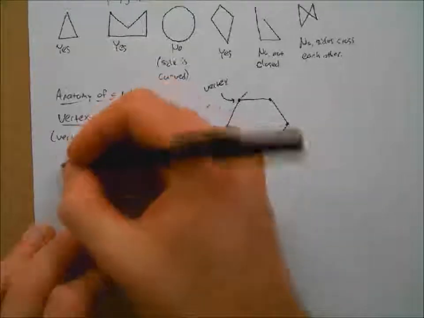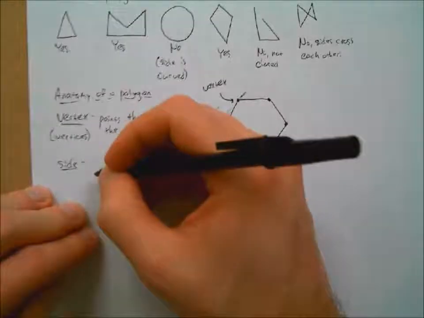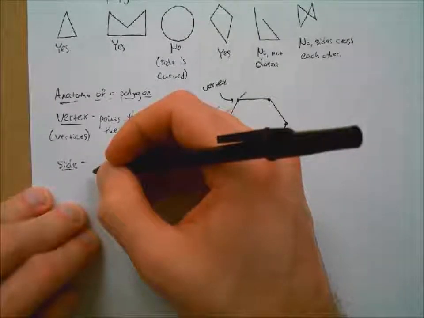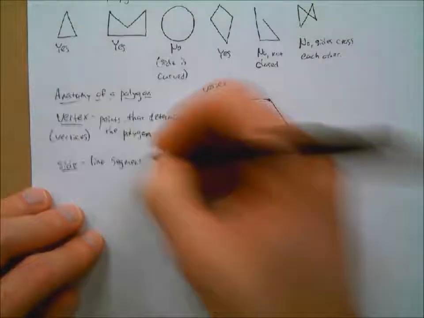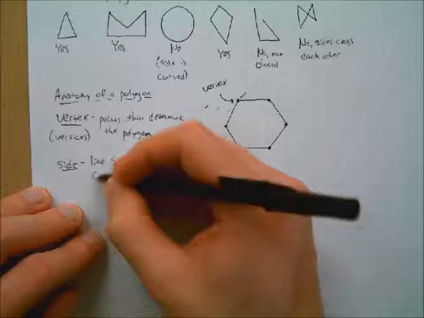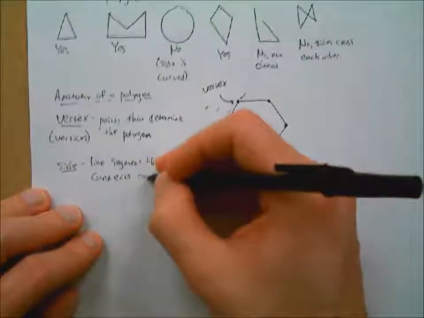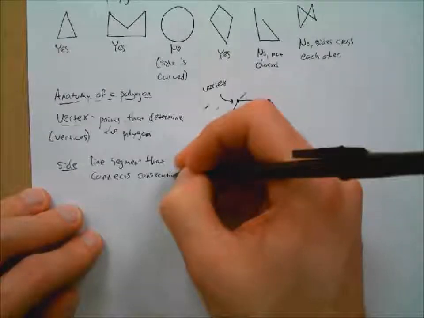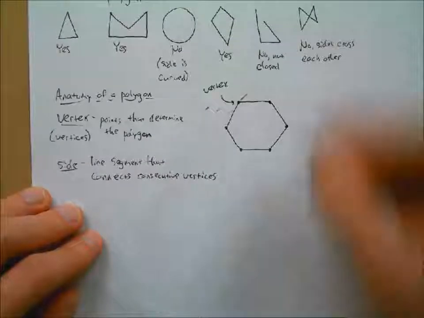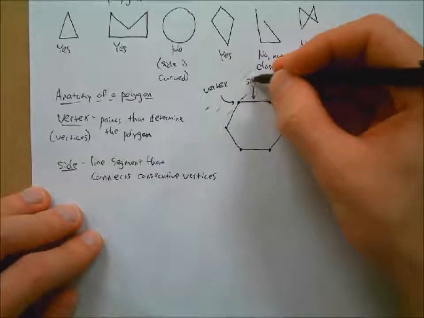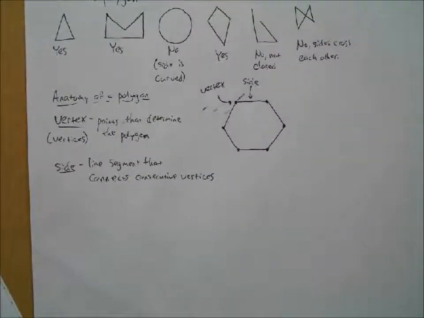We have a side, and a side is a line segment that connects consecutive vertices. So here is a side. Right, duh, Mr. Witt. I know this might be way too basic for you, but there you go.